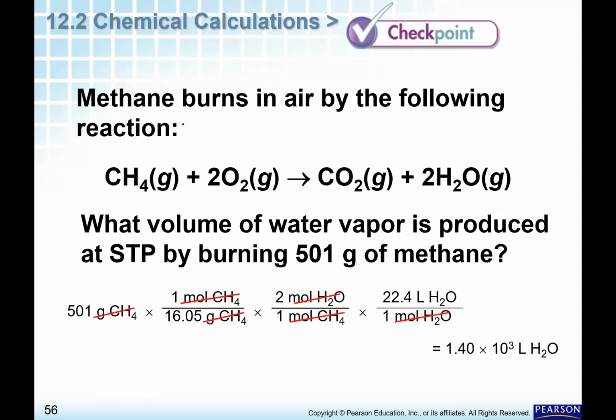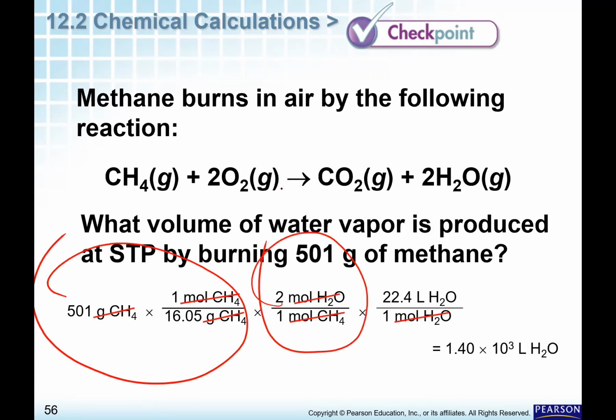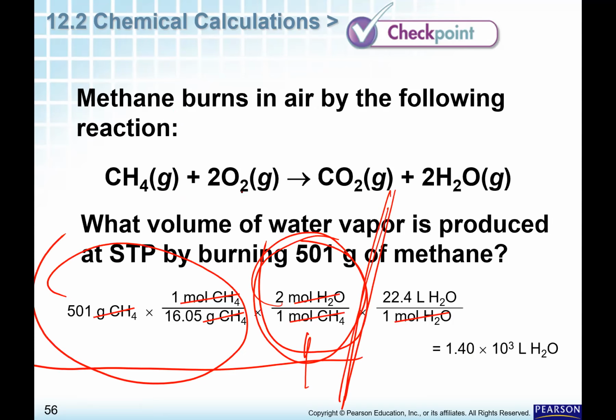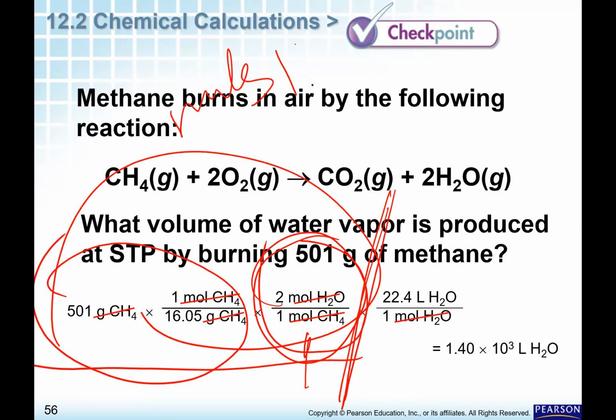So this is what you need to do. The first step is the conversion of grams into moles. The second step is converting moles to moles according to the mole ratio from the chemical equation. This is what I was saying about 2 over 1 or 1 over 2. Once we are on the other side, up to here, all this calculation gives you the moles of H2O.